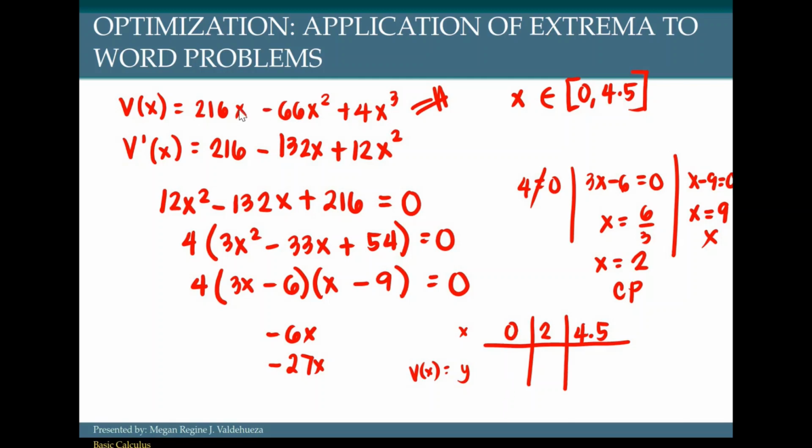So, 216 times 0 minus 66 times 0 squared plus 4 times 0 cubed, we have 0. And if we substitute 2 here, we get 200. And also, if we substitute 4.5 as our value of x, we got 0.